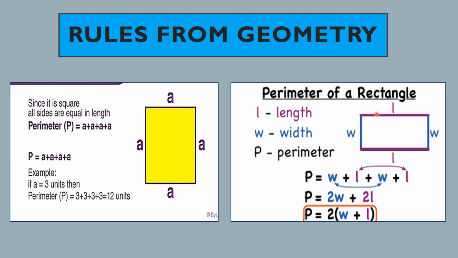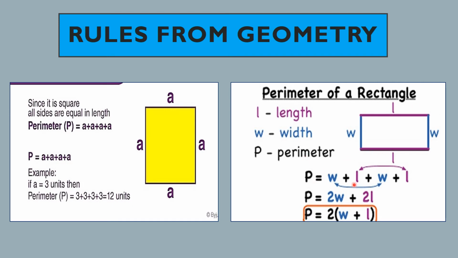Now if in the rectangle the length is given by L and the width is given by W. Here you can see again we are using algebra because we are representing by some symbols, English alphabets. L is the length and W is the width. Now perimeter is equal to the sum of all the sides.